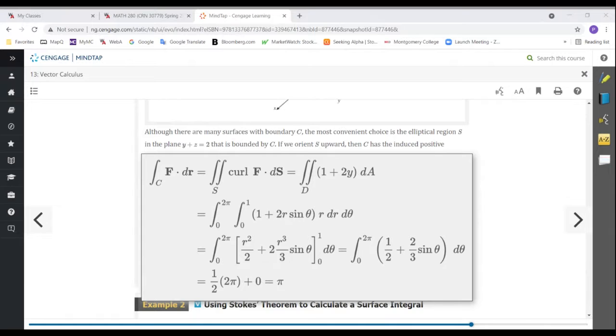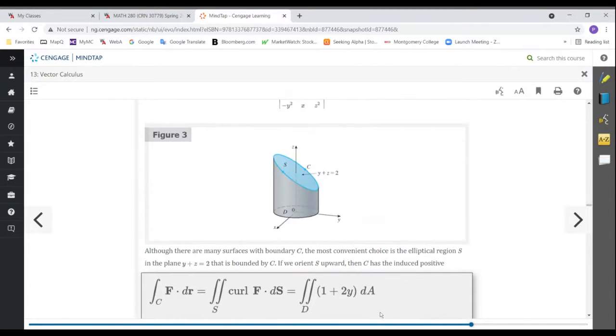And I guess the force field is helping the particle move along that path, that curve C, with that orientation. You see the arrow on the curve there. It's going in that direction, positive orientation. I guess it's helping it because the work is positive.